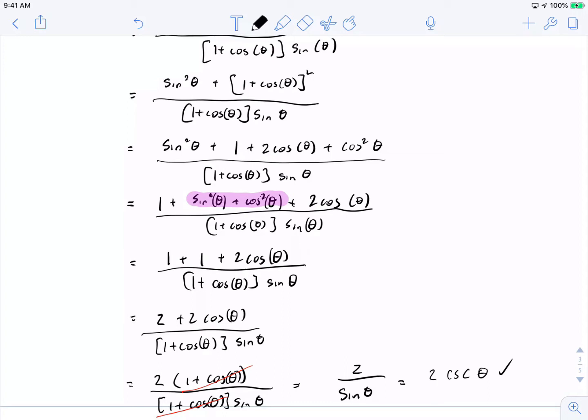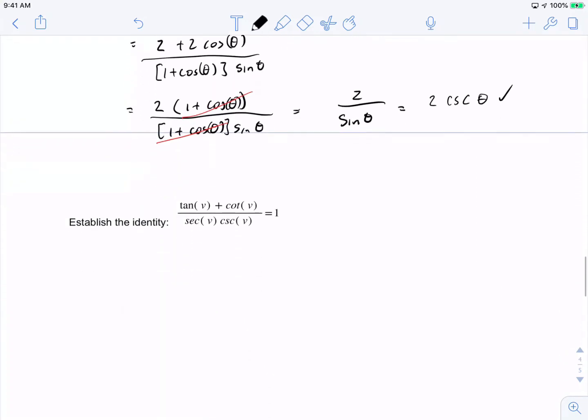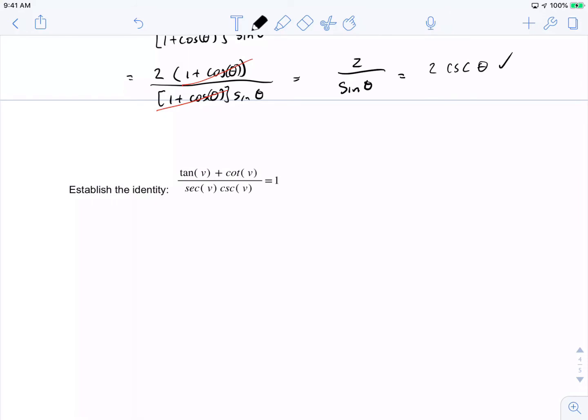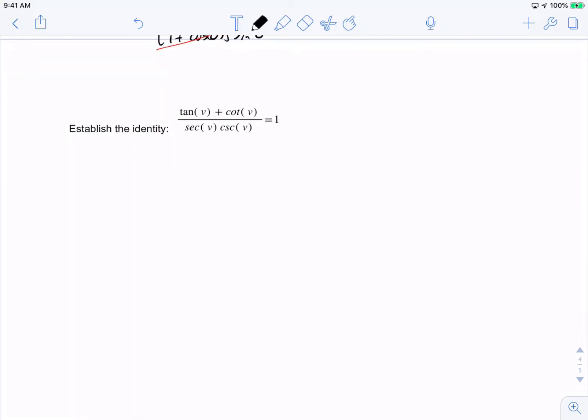Let me do 2 more examples for you. Here's the next one. And sometimes when you see tangent and cotangent and secant, cosecant, it may be easier to convert it to sine and cosine, and so I'm going to work with the left-hand side, and I'm going to convert it to sines and cosines.